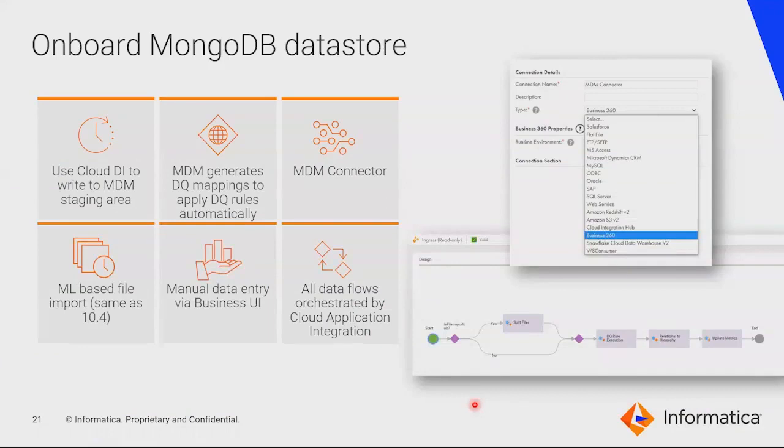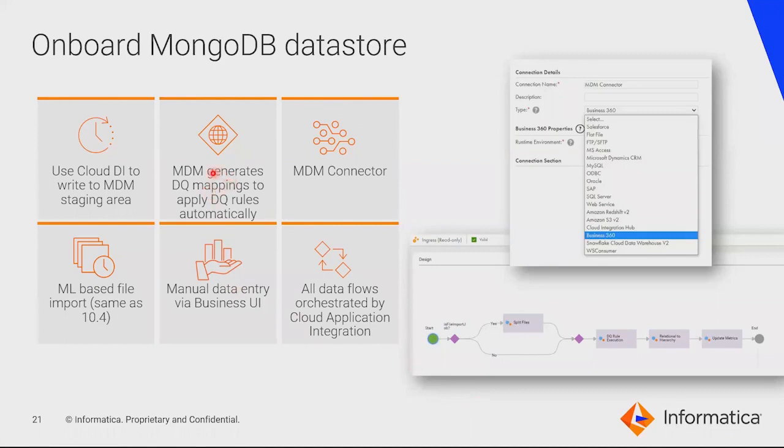So moving on to the onboarding of the MongoDB data store. The underlying database of MDM SaaS is MongoDB, which, like many of you know, is a flat database, right? So it's built-in integration using Informatica's Enterprise iPaaS. It's purpose-built MDM connectors to map data to a canonical staging model that hides the complexity of the underlying database. So using cloud data integration, you can write data to the MDM staging area.